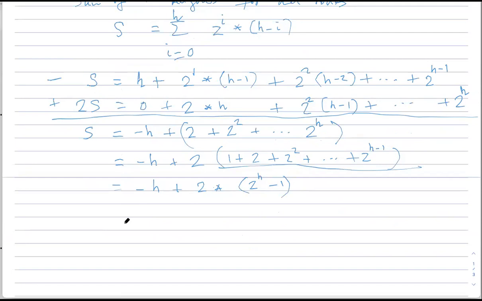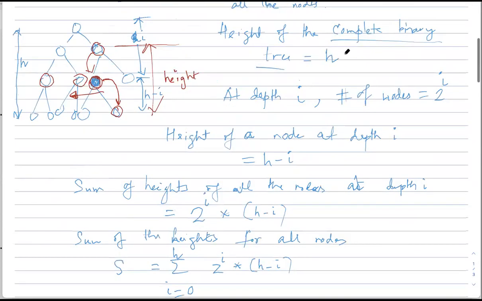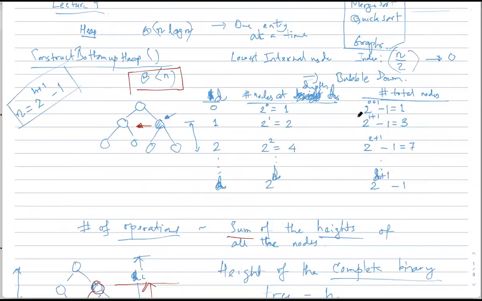All right. So having obtained this, we already showed that if the number of nodes is equal to n, then n is actually equal to 2 to the power H plus 1 minus 1. That's what we showed here.